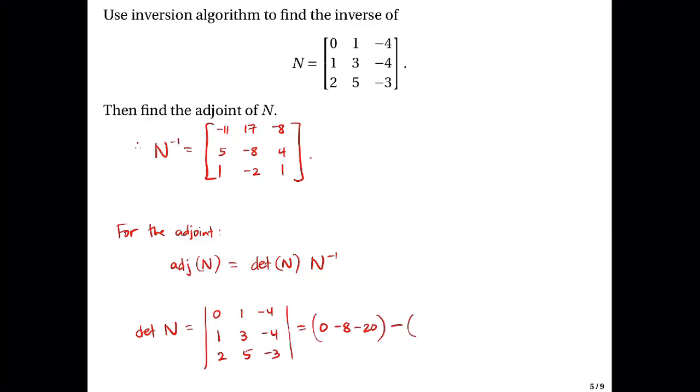And then minus, going up, 2 times 3 times negative 4. This is minus 24. And then 5 times negative 4 times 0, that's just 0. And then minus, so we have here minus 3 times 1 times 1. So that's minus 3.